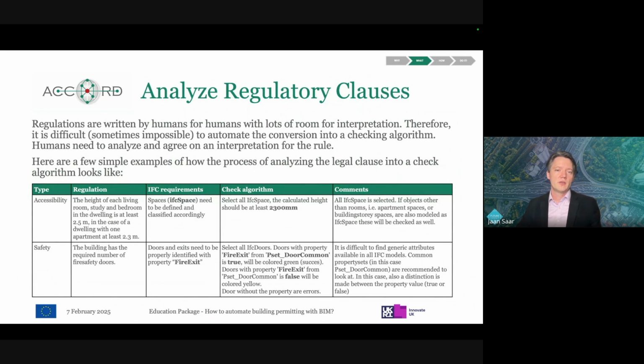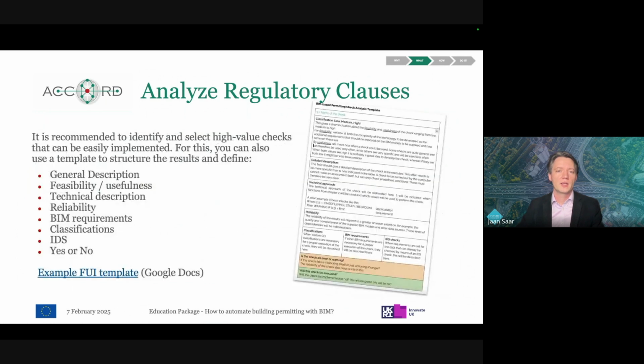So, here's a short example of how to analyze regulatory clauses, of how you should look at them. For example, there's an accessibility check for spaces, the height of rooms. Another one is for safety, fire safety. Does the building have the required number of fire safety doors, for example? And you break it up into smaller pieces so you can analyze it.